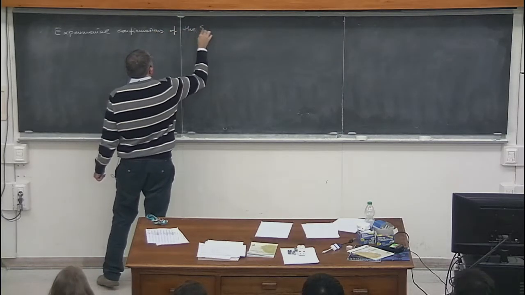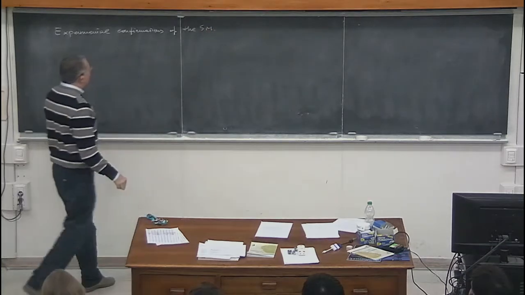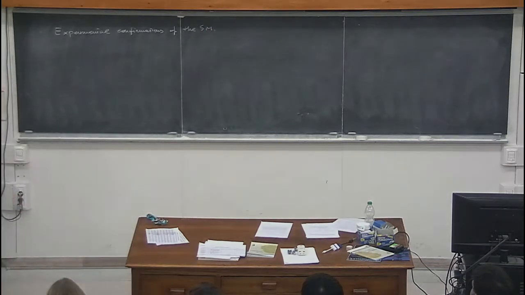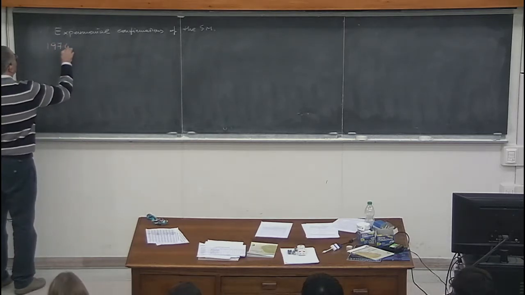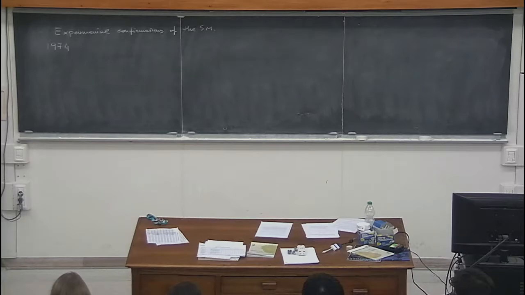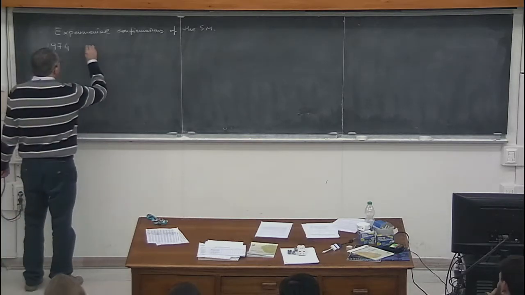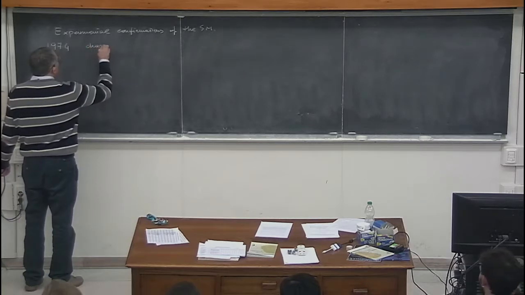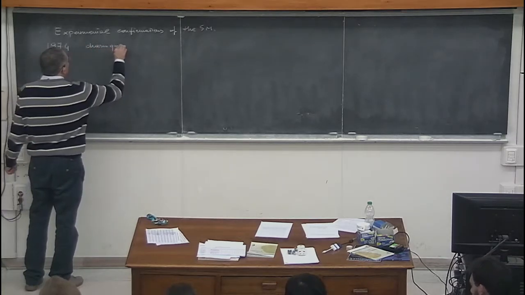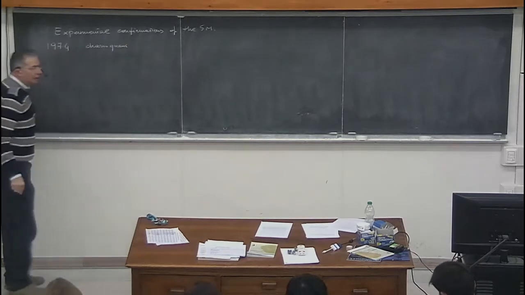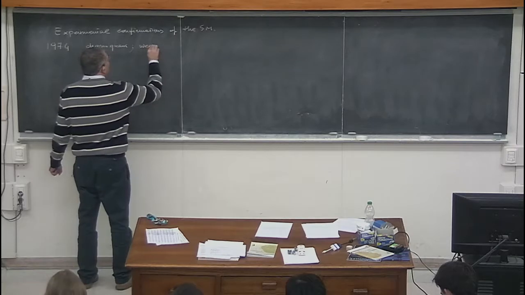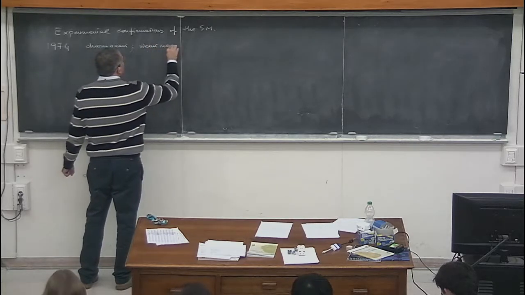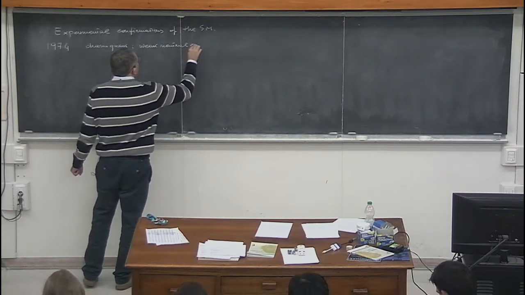I'm not completely sure about the dates, but you can check. Around 1964, as I said, the charm quark was observed, and more importantly, the weak neutral currents were observed, and I will say something about this.